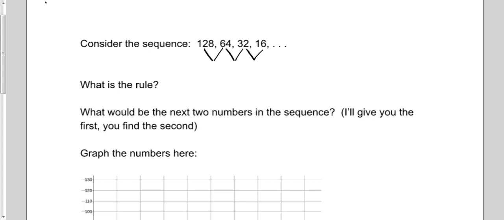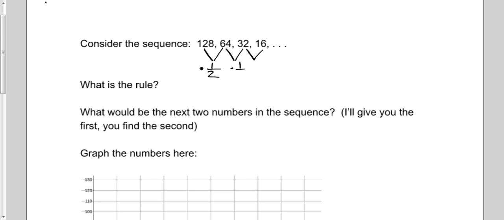So, similarly, what is the same thing as dividing by 2? I take the same number, instead of dividing it by 2, I multiply it by 1/2. So take 128 and multiply it by 1/2. See if you get 64.